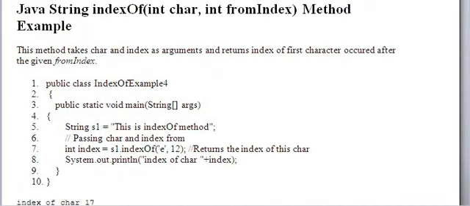Look at line number 7, another example, s1 dot indexOf e comma 12. So I am trying to find the index of e after the 12th index. So check out how many characters are there in s1 first, and based on that you check the output.